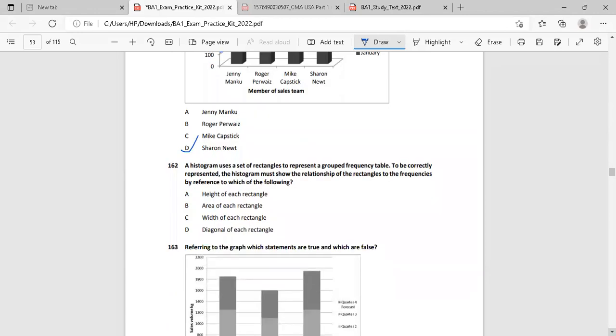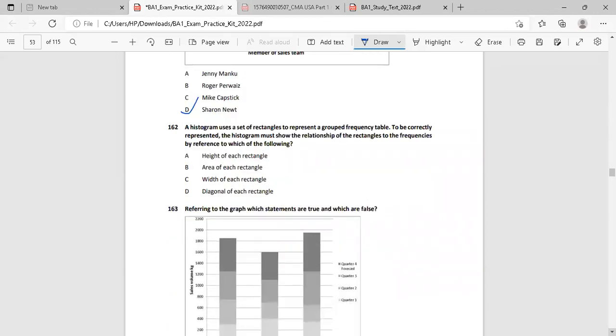A histogram uses a set of rectangles to represent a group frequency table. To be correctly represented, the histogram must show the relationship of the rectangles to the frequencies by reference to which of the following? Height of each rectangle, area of each rectangle, width of each rectangle, diagonal of each rectangle.